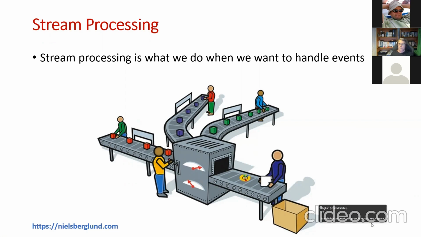Here we see the guy in the right-hand corner pushing boxes onto a conveyor belt, and this guy decides where green boxes, blue boxes, and red boxes should go. That's an example of stream processing: data comes in, and based upon the data, we do different things with it.